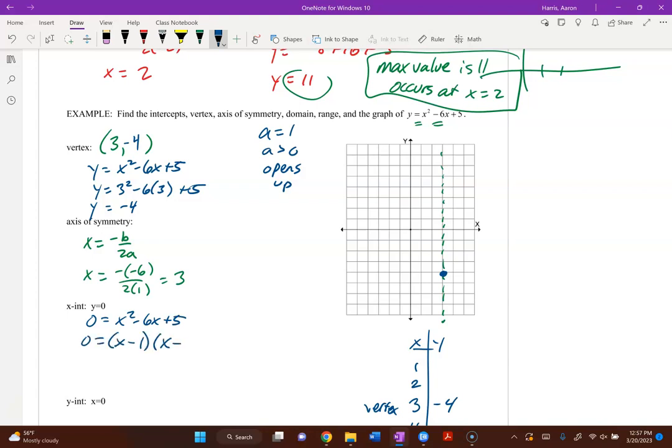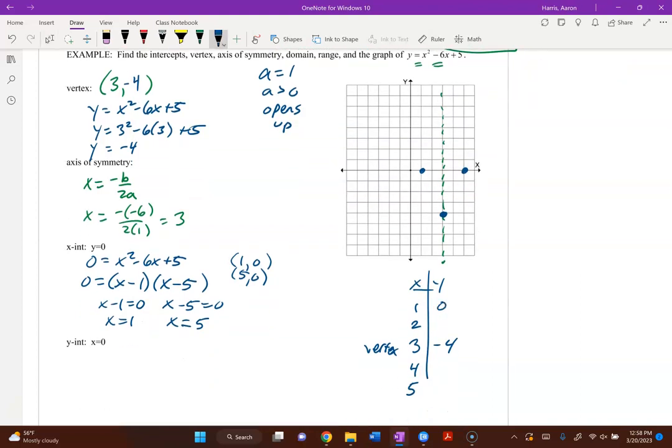Nice that this one does factor. So 1 and 5. In other words, 1, 0, and 5, 0 are our x-intercepts, right?